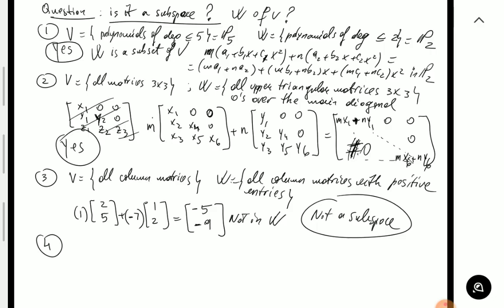Let's take a look at another example. Let's actually take a look at examples in which vectors are functions. For example, let's look at V defined by all continuous functions.